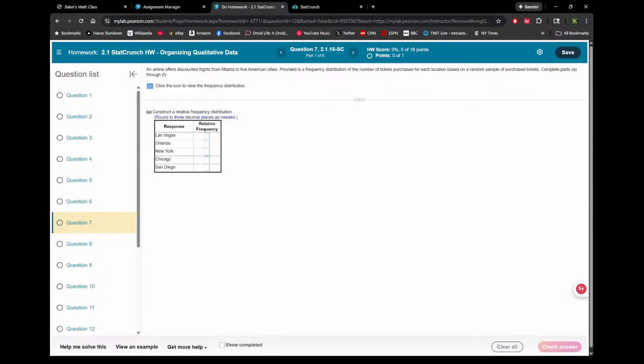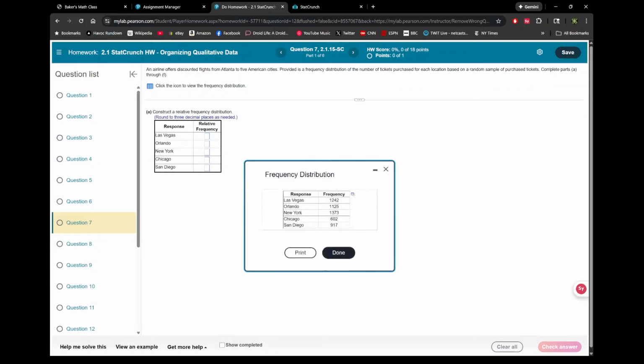In StatCrunch, I tried to sort it by frequency, but it just keeps saying the frequency is 1 for all of them. The question was asking for relative frequency.